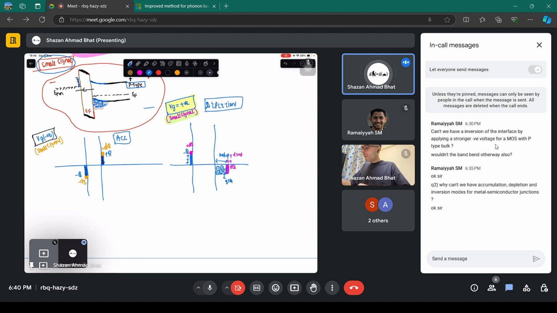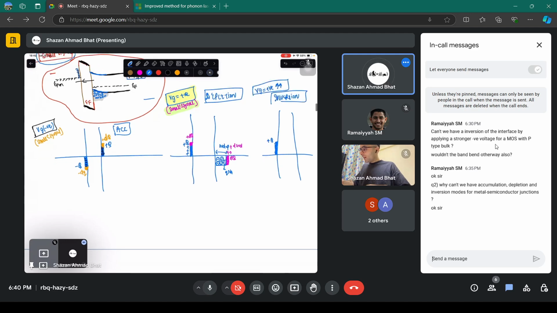Now, when you increase VG, the positive voltage increased, you move into something called the inversion region. Here you have these positive charges now increased on the metal side, and you had this depletion charge already there. It stays there; these are immobile ions.